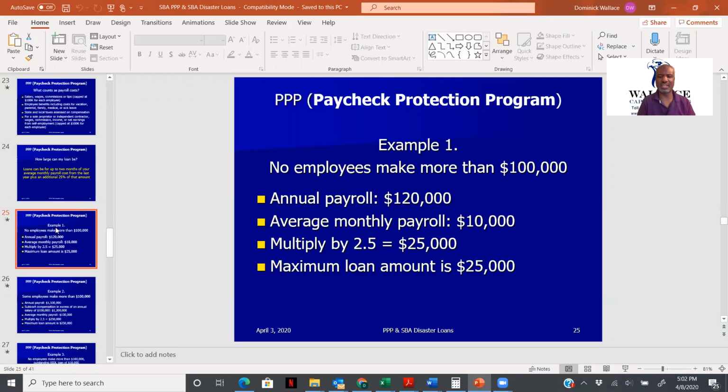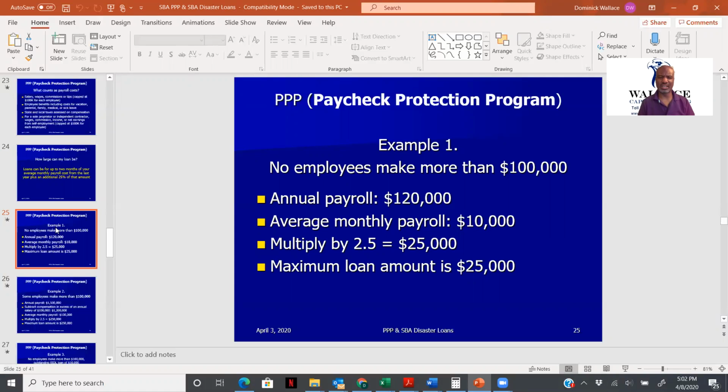If you pay above $100,000 to one employee, the amount above that doesn't get counted. Benefits do count, but not the cash payment above that. So how does that work?